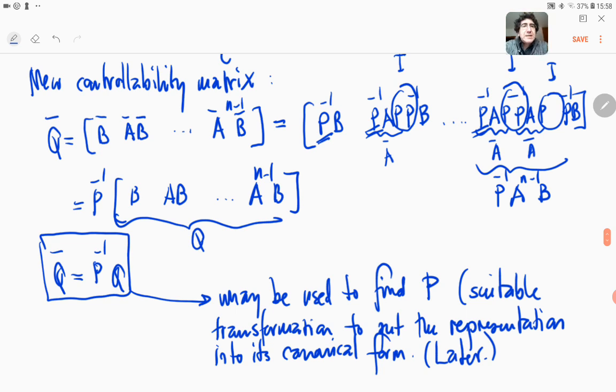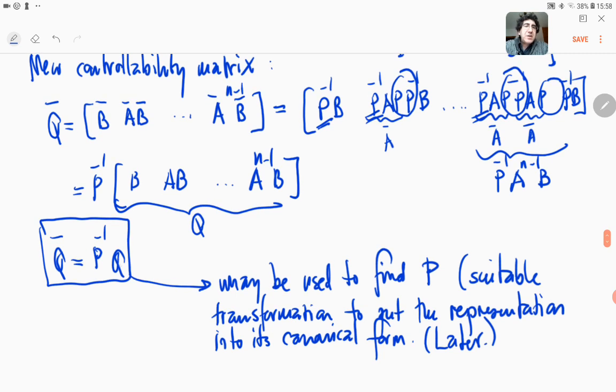The way to do that is that you're given a state space representation. You first find its transfer function, then use the transfer function to put it into its canonical representation. So if Q is computed from the given representation and Q bar is computed from its canonical form, from these two matrices you can actually extract P, which is the transformation that puts the system into its canonical form.